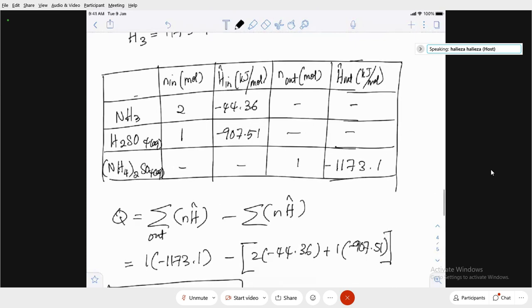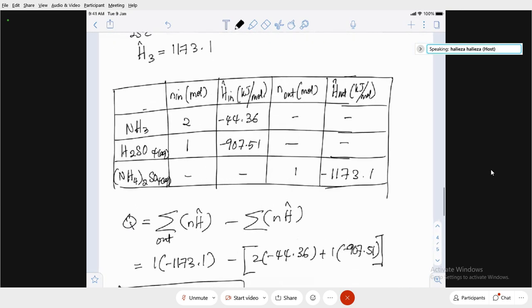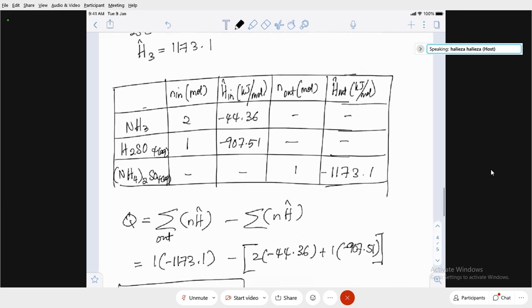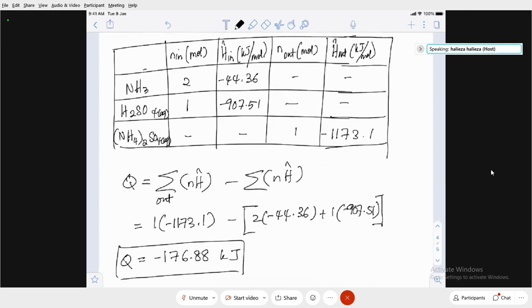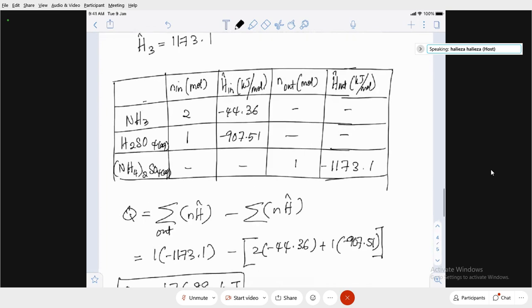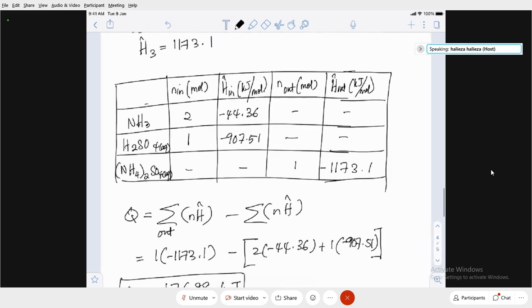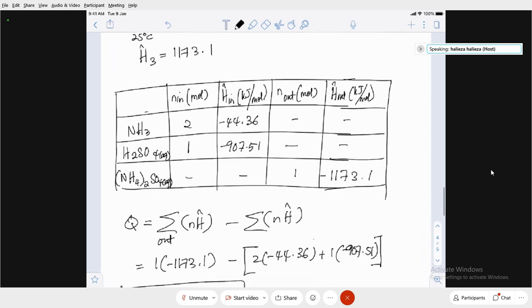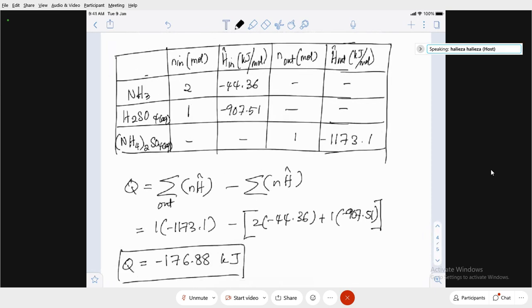So any questions? It's almost time up. We have about 4 minutes if you want to ask anything. Which one is easier? It's up to you guys. I think both of them you will still require the same amount of work. It's just that for the second part, using heat of formation, because the information is already available when we did it using the heat of reaction, it looked as if it's faster, but actually you still have to go the extra length of looking it up in appendix B1 and B2, the integration.